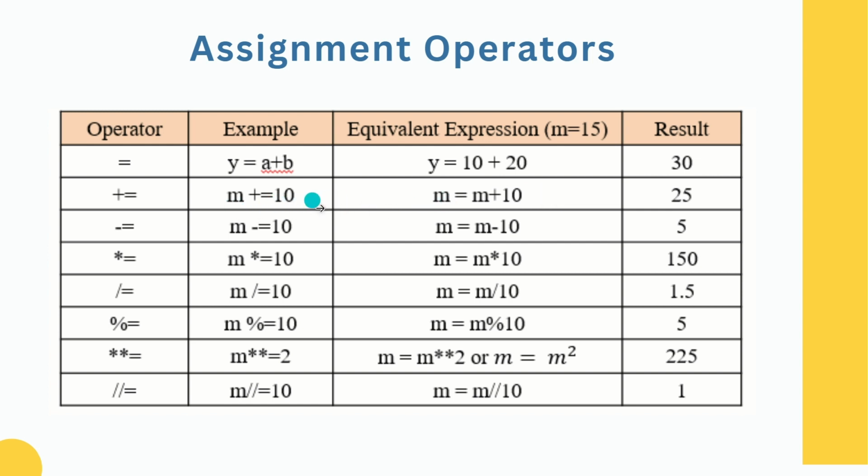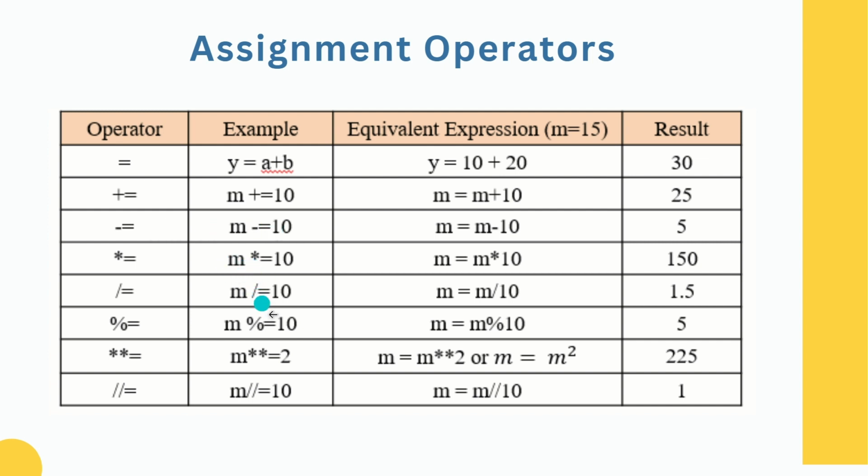Similarly, m minus equals 10 means m equals m minus 10. So if you want to update the value of the variable on the left side with some constant or by any other variable, you can directly use these kinds of assignment operators. They're also known as shorthand operators.